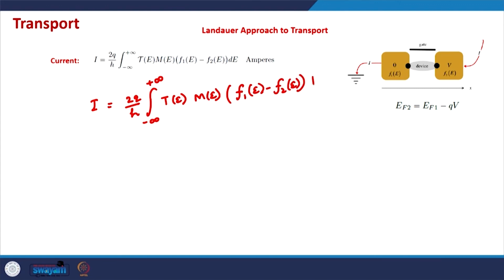And this is the case for a two terminal device in which the Fermi function of the first terminal is F1, the Fermi function of the second terminal is F2, the number of modes in the device is M, and T(E) is the transmission coefficient. We are considering all possible ranges of energy through which the electrons can travel, and then we have this constant which is there.